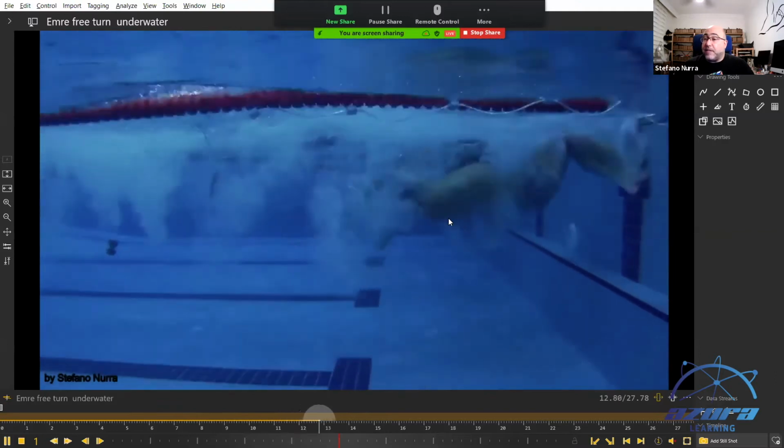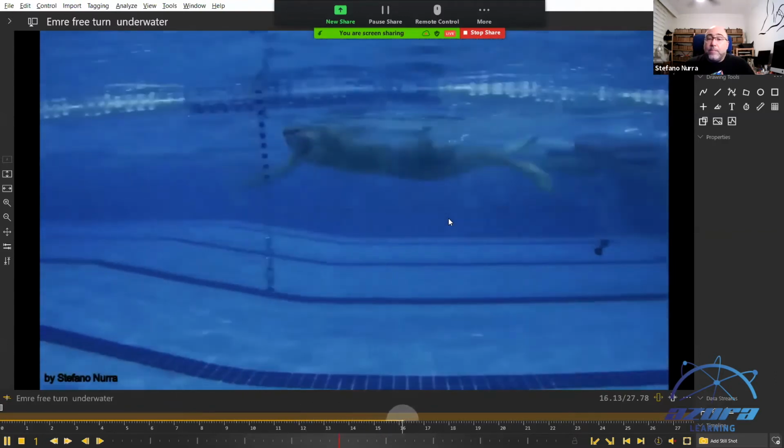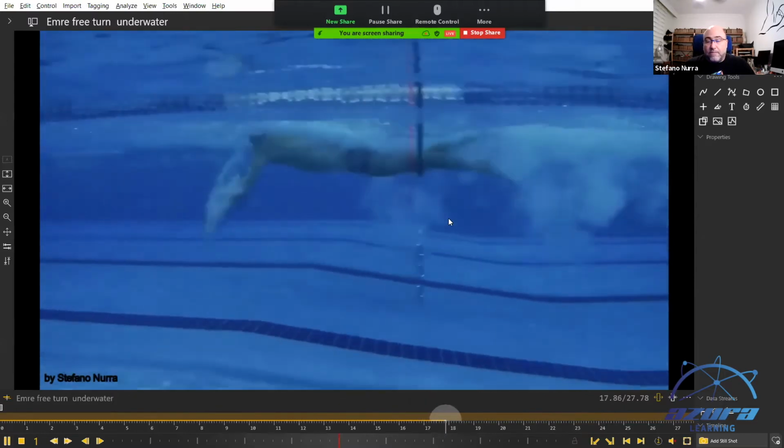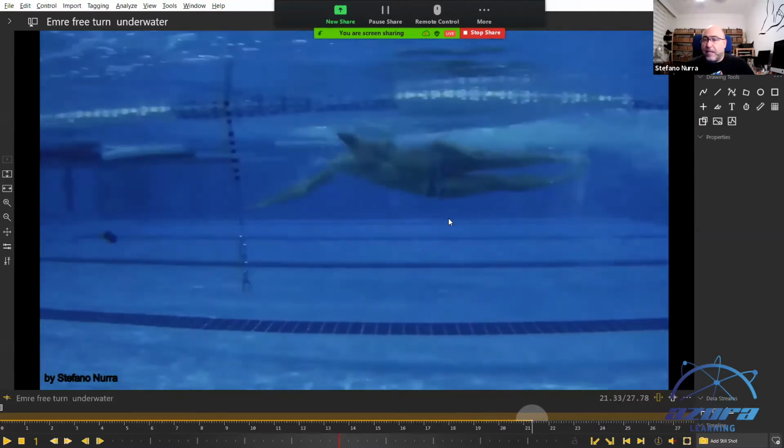Everybody has some mistake, okay? So if the Olympic champion has some mistake, for a young swimmer it's absolutely normal to have some mistake. It isn't a problem. The point is to know where we need to improve and the way to improve. But to have some mistake isn't a problem.